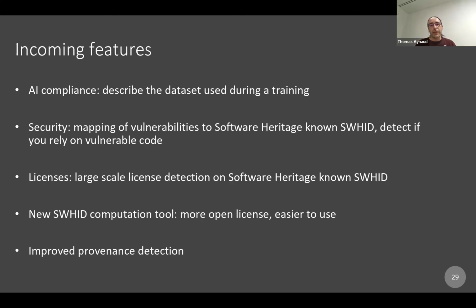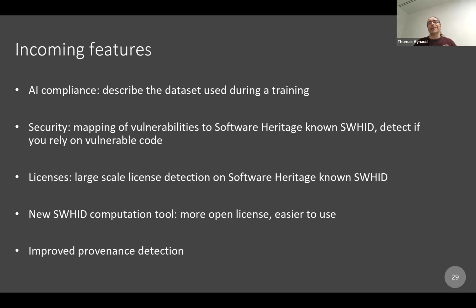It's also important in the ISO standardization process that an implementation of the SWHID computation is really open. And it will also be easier to use. For the moment, the SWHID computation tool internal to Software Heritage is kind of complicated to use. There are some defaults that are like a foot gun in your foot.